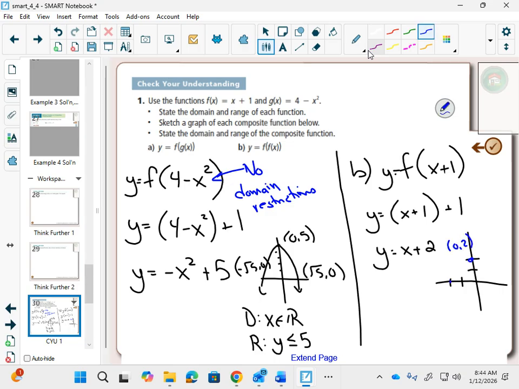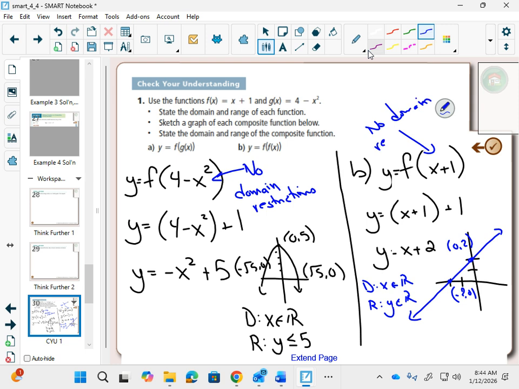Y-intercept of 2, x-intercept of negative 2. Domain and range are everything. And there's no domain restriction early on.